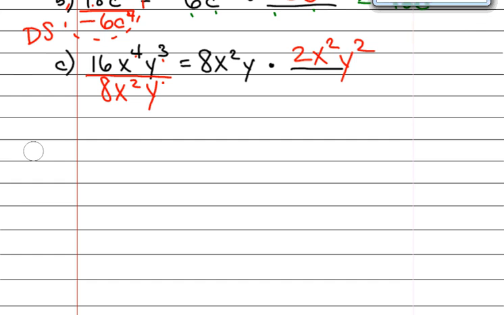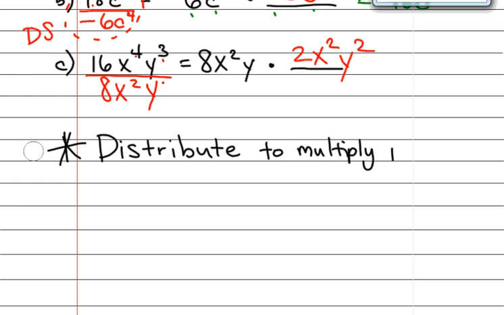Okay, so now for just a couple of notes that I want to make sure you have. I'm going to star this because this is important. What I want you to remember is when we were multiplying polynomials, we would do what's called distribution. So we would distribute to multiply polynomials. That's the unit that we just came out of.